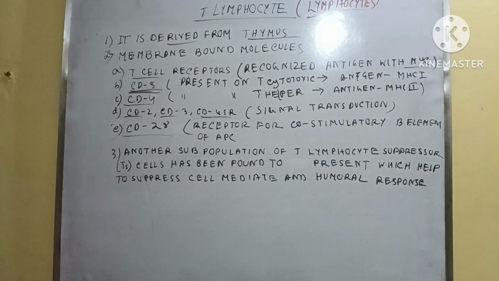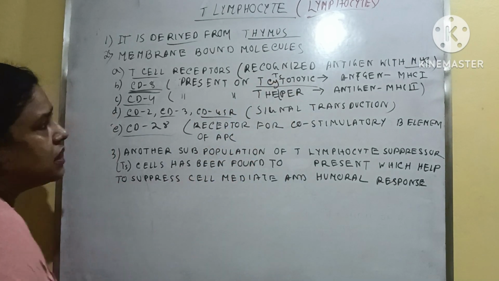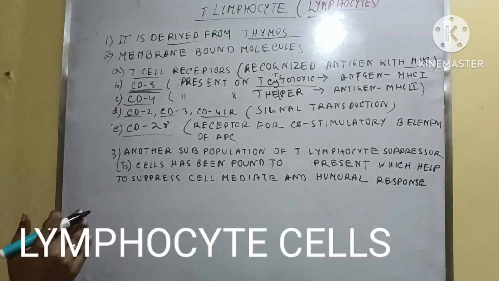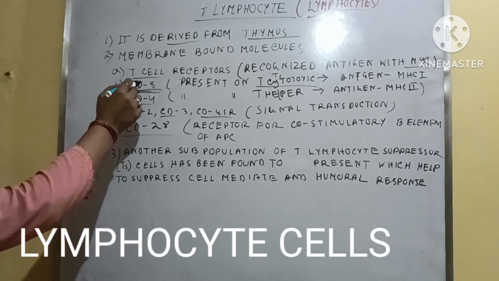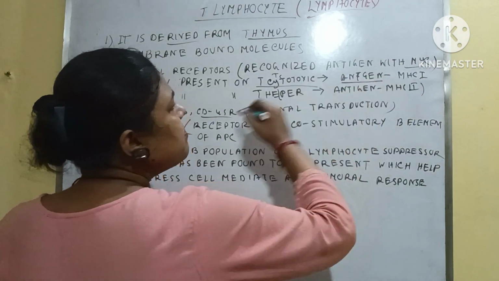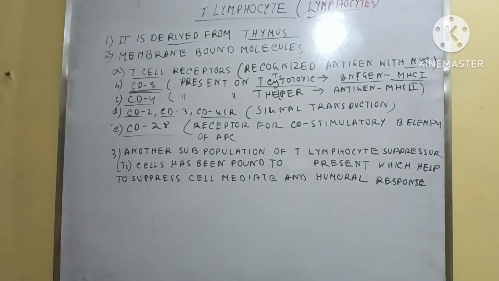CD8 is present on the T cytotoxic cells, or TC cells. A binding site is present, and the antigen can bind with the CD8 site only when it remains attached with the MHC1 complex.